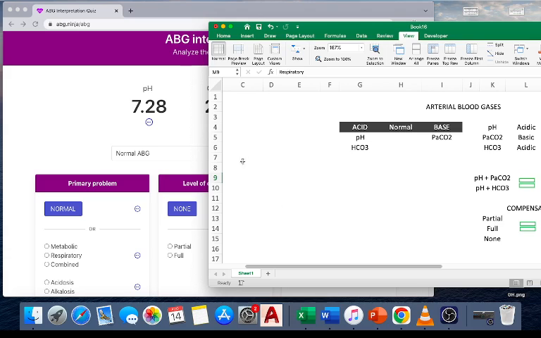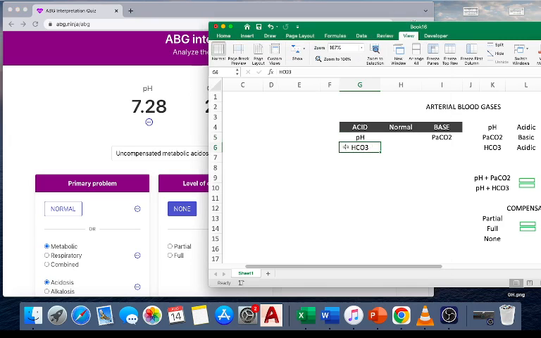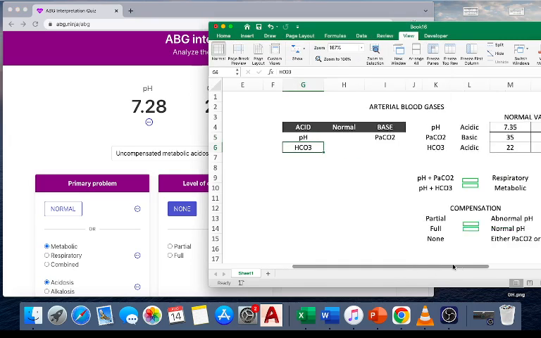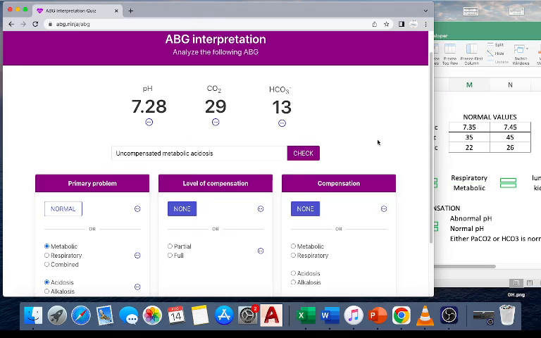So pH and HCO3 are both acidic, it's acidosis, and HCO3 is metabolic. Okay, metabolic acidosis.